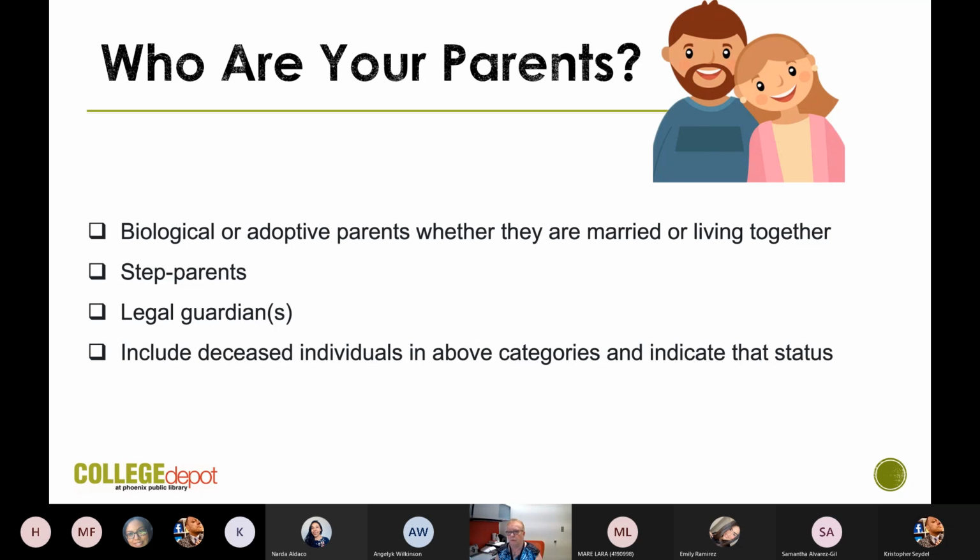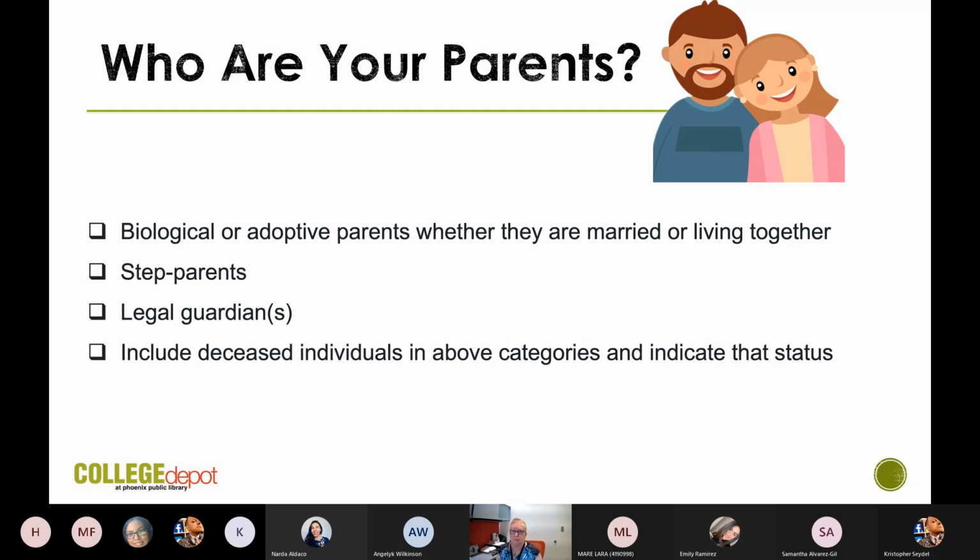If you don't know who they are or where they are, and you've been with your mom or dad by themselves all of your life, don't list people you don't know. But if your mom and dad are divorced, your dad lives in Tucson and he has remarried, and your mom has remarried and she lives here, you need to list all 4 of those people.